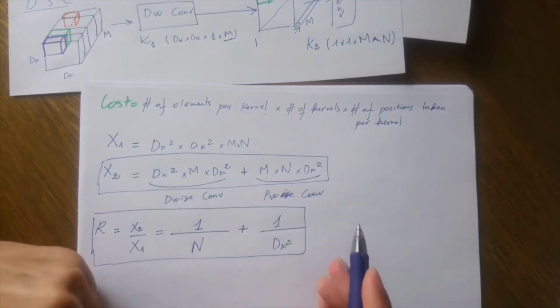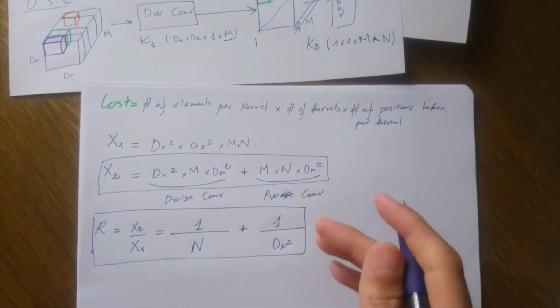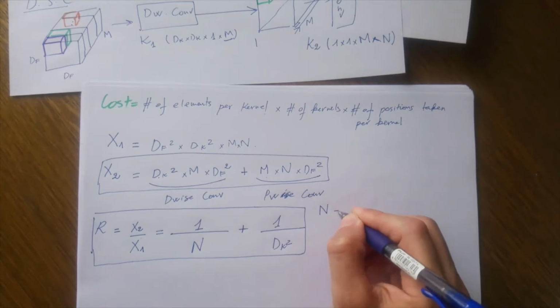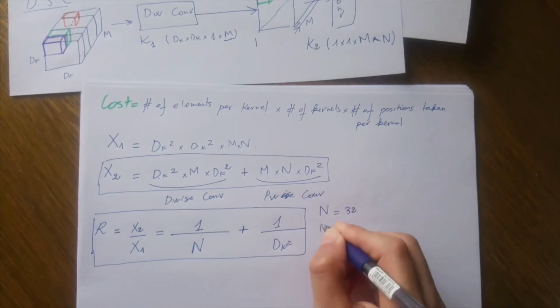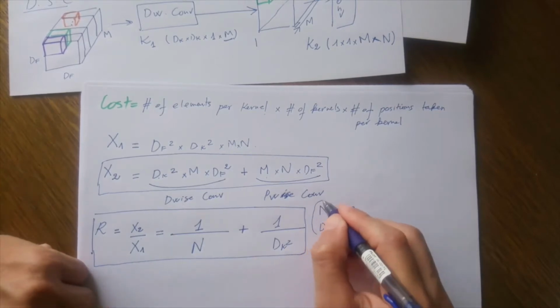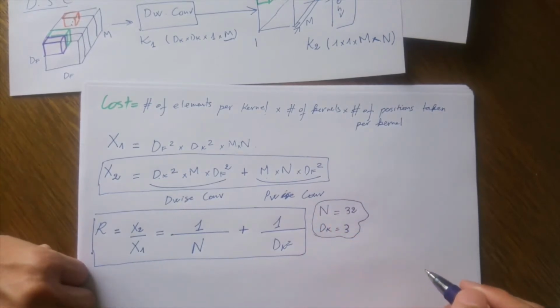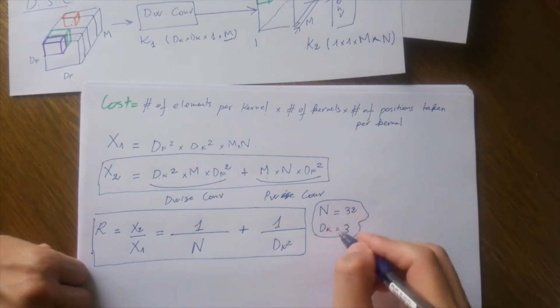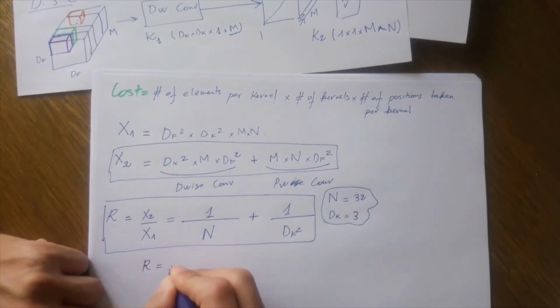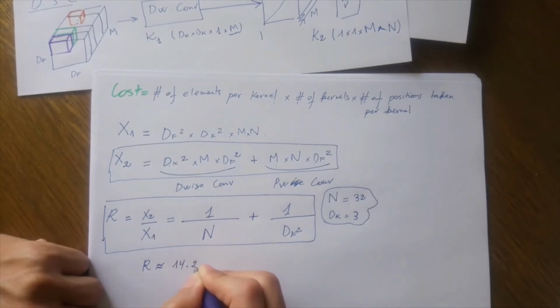So let's compute this for a given configuration. Let's assume that n is equal to 32 and dk is equal to 3. This is, by the way, a configuration that I took from the original paper of MobileNet version 1. If we replace by these numbers, then the reduction would be approximately 14.2%.